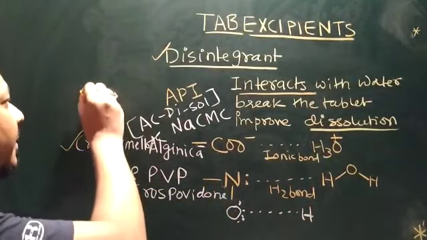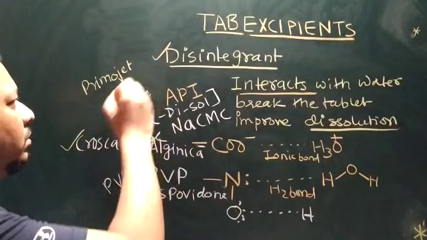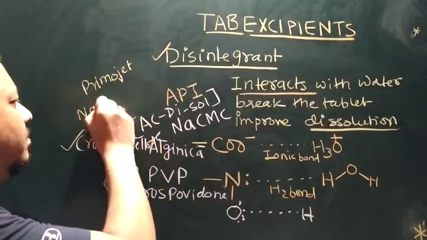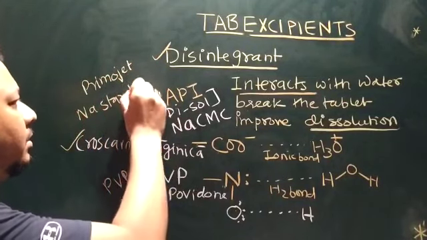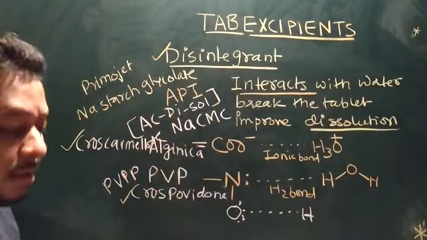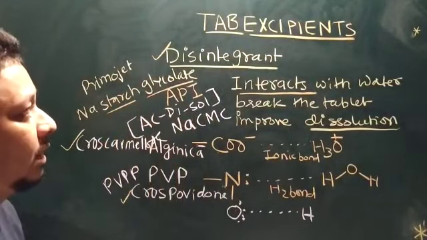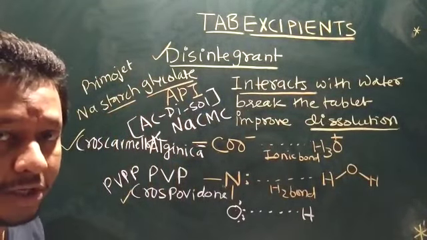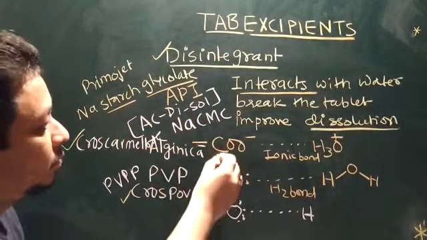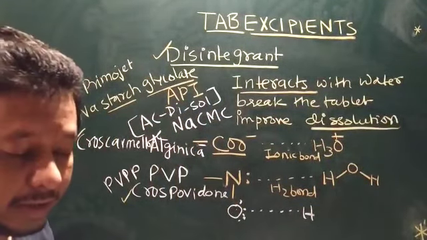Then you have the brand name Primogel for sodium starch glycolate. Now if you see, potato starch has a glycolic acid combination, and glycolic acid also has a carboxylic acid, so that's why it becomes a super disintegrant.